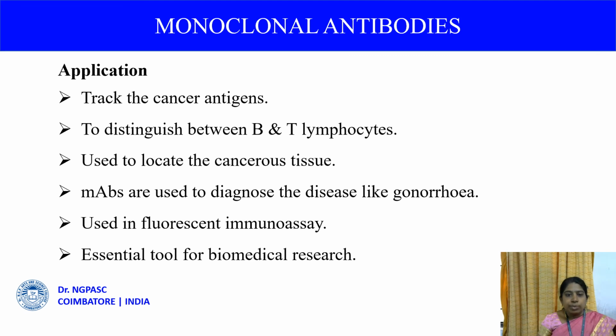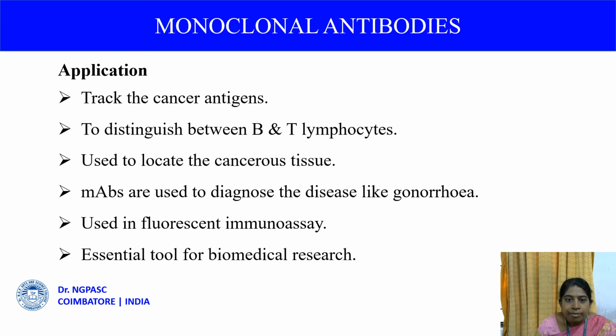In this video, we discussed what monoclonal antibodies are, what antibodies are, how monoclonal antibodies are produced using hybridoma technology, and the steps involved. First, you immunize the mice with the particular antigen.